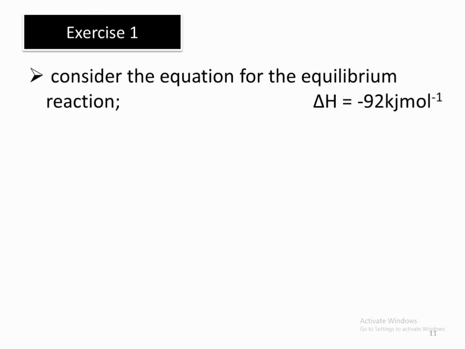Now here's a question. Consider the equilibrium for the following reaction. That is a mole of nitrogen gas combining with 3 moles of hydrogen to give us ammonia. Now, step 1, identify the product. The product is ammonia, and we have 2 moles of the product.